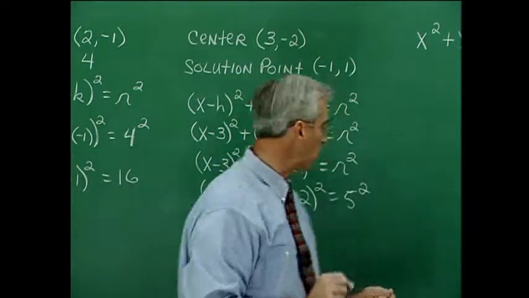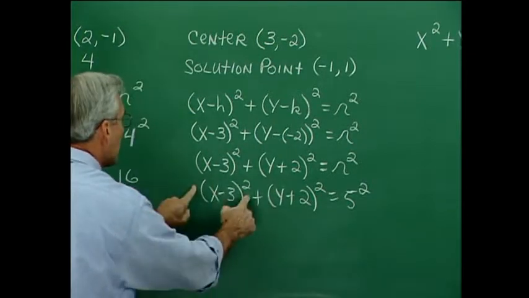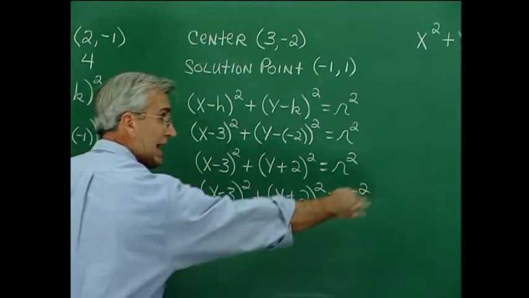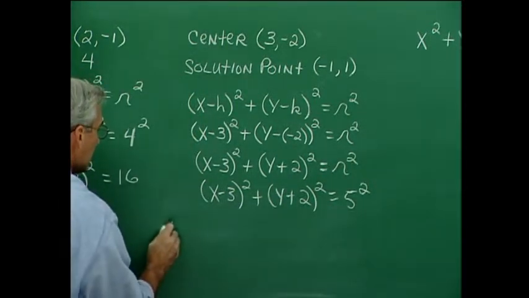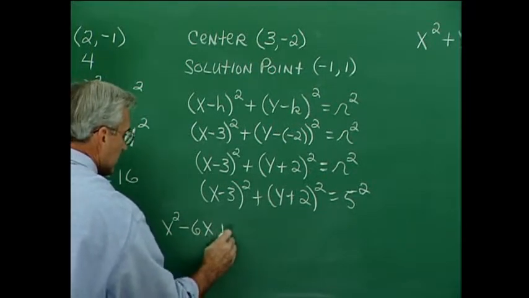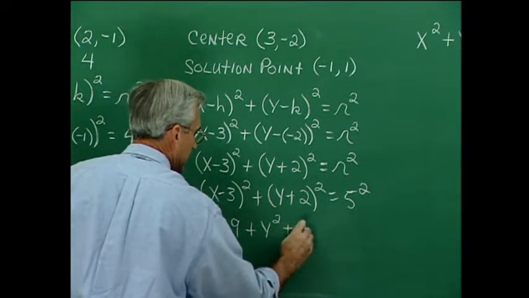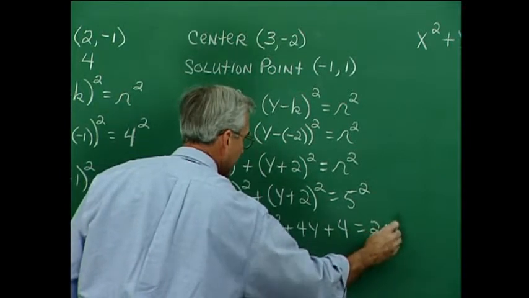The general form associated with this one would mean, well, let's see, let's square here and go ahead and square there. You see, just expand it out, perform the indicated operations. Now this would end up being x squared minus 6x plus 9, and then y squared plus 4y plus 4 equals 25.